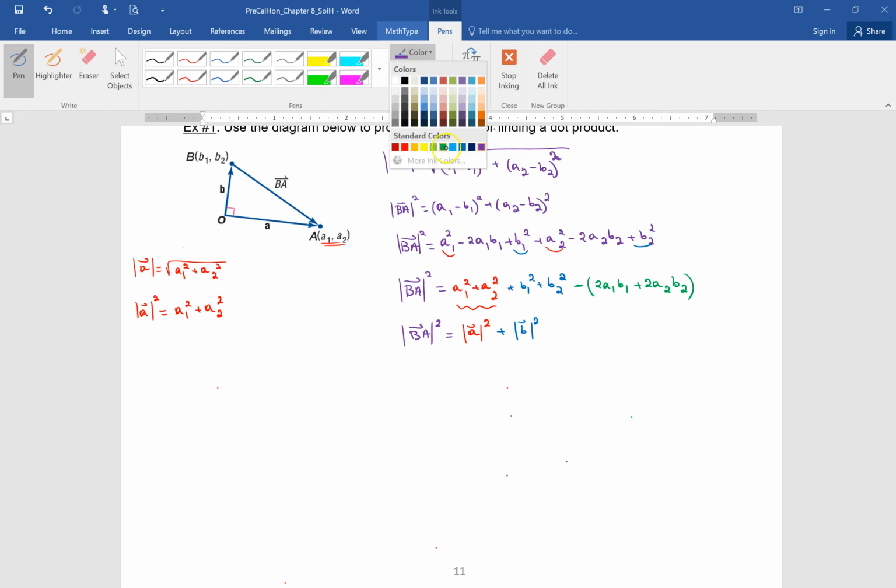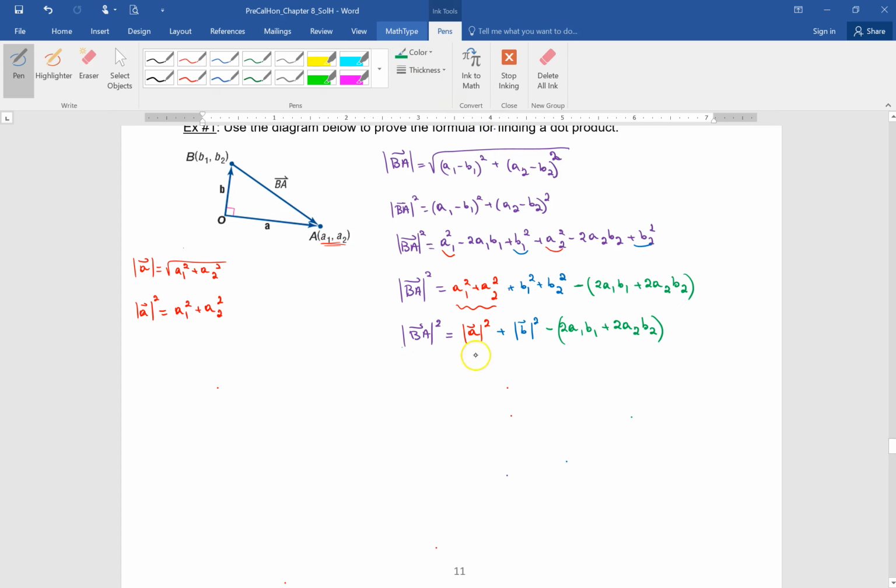All right? So this sort of ruins it. Now, what does all this mean, though? So this is the Pythagorean theorem right here. Except if only this was equal to 0.